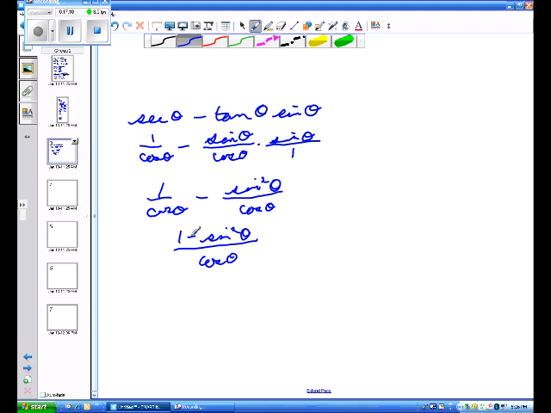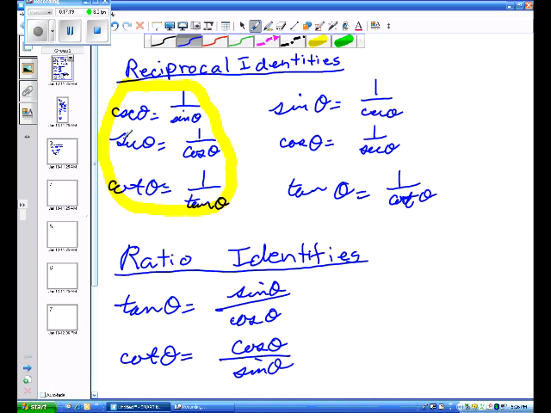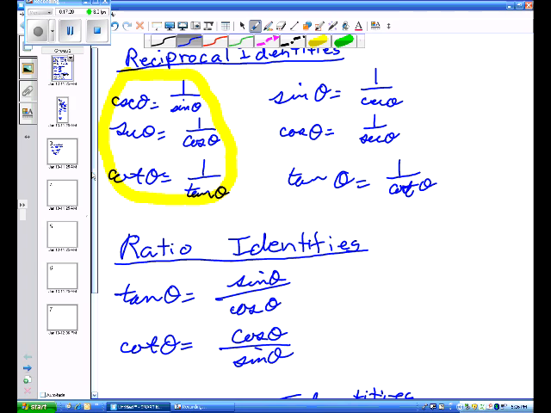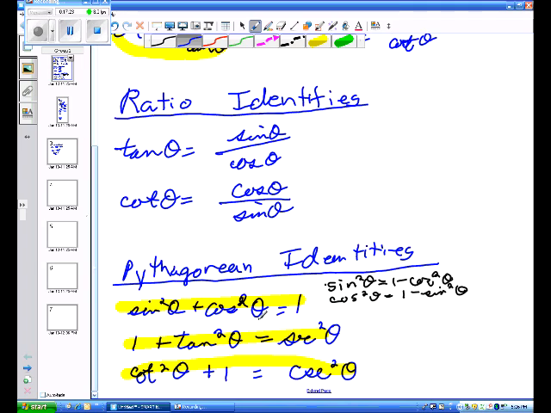Okay, anytime you see a 1 and a function squared, you might want to check your Pythagorean identities to see, well, is there something we could do? Well, if you think back to your Pythagorean identities, we have sine squared plus cosine squared equals 1. And so if we subtracted sine squared from both sides like we did here, cosine squared equals 1 minus sine squared.